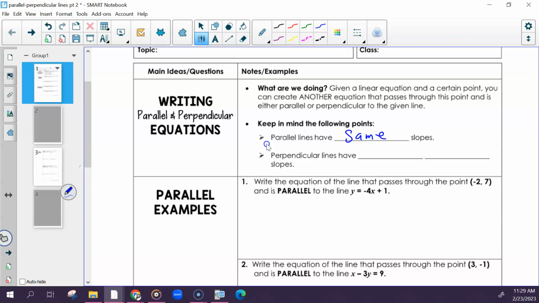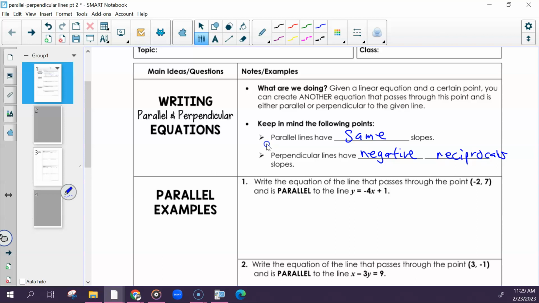It was on the first page of your notes. Negative reciprocal. One is negative, one is positive, and then they're flipped.